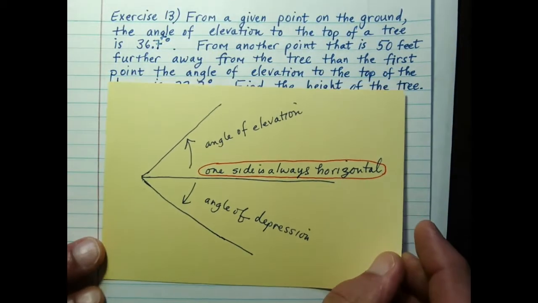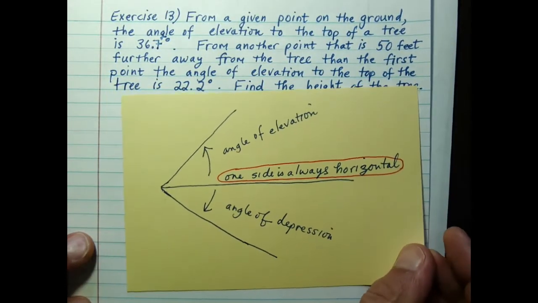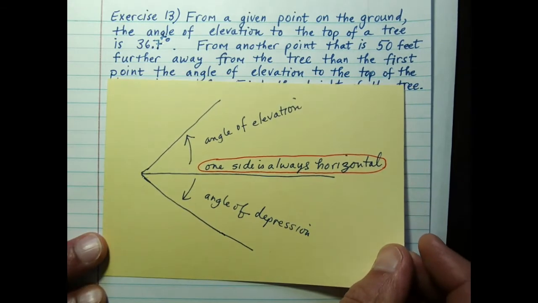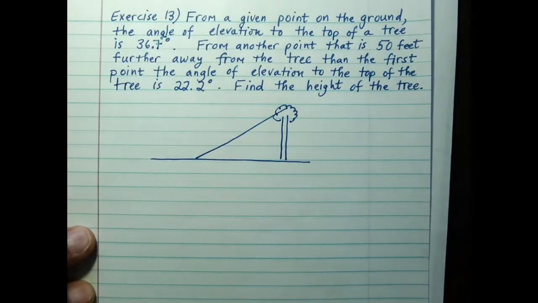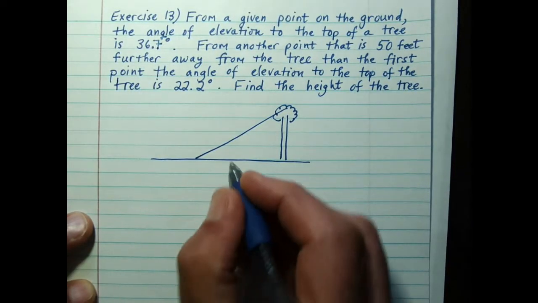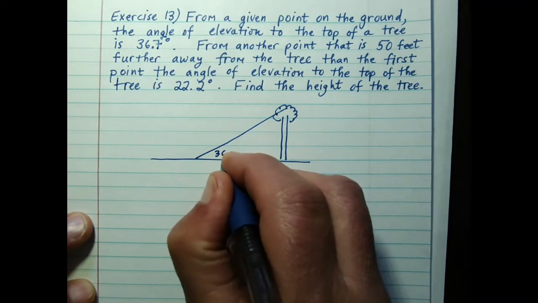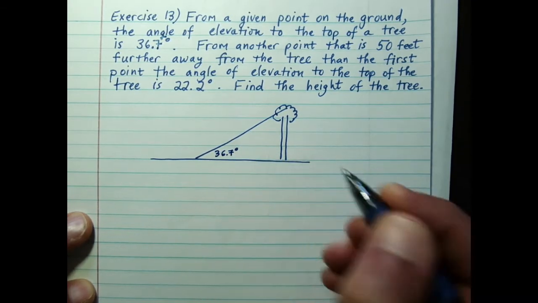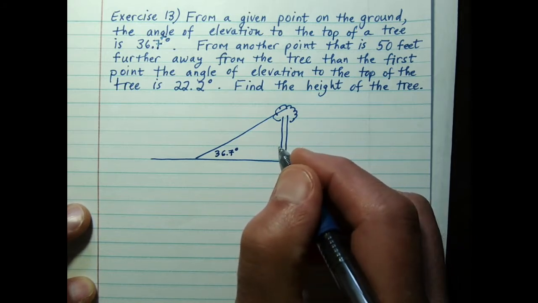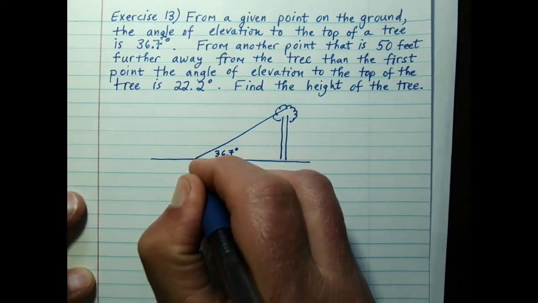I'm just pulling out my yellow card to remind you that whether it says elevation or depression, one side must be horizontal. So this right here, 36.7 degrees.